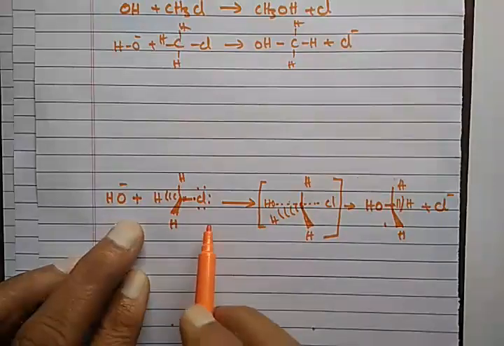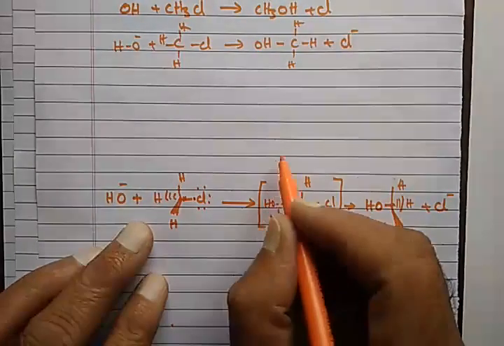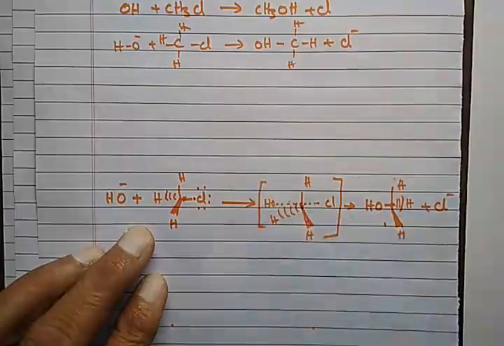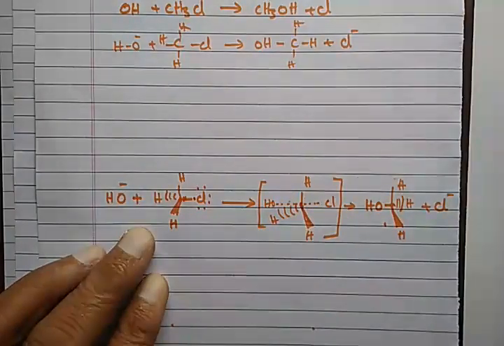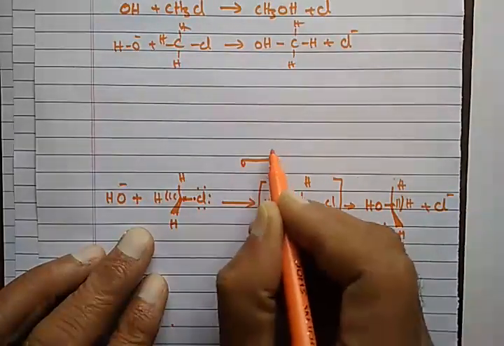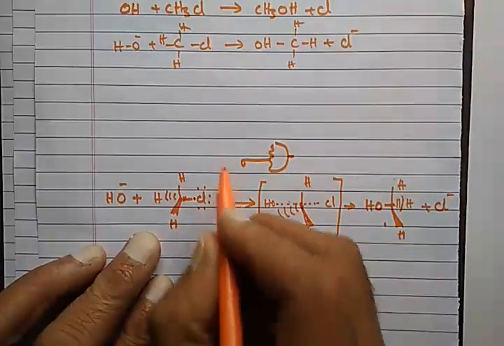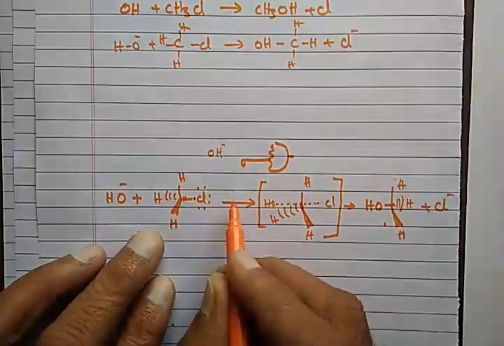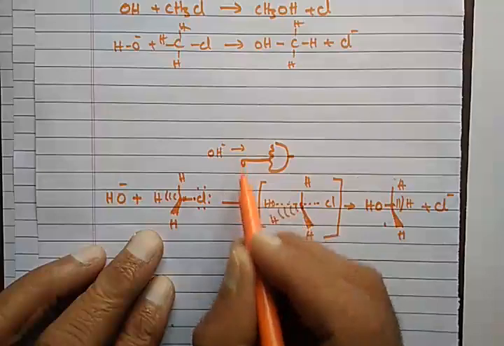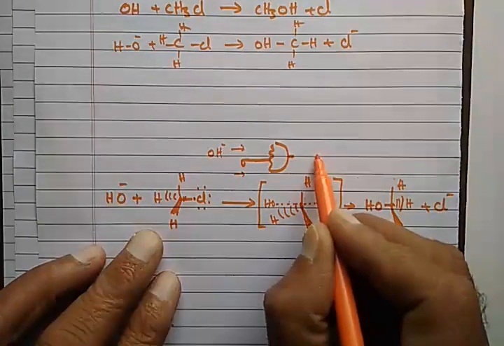So this process is represented with an umbrella. Let us take one umbrella. Assume that OH nucleophile is coming like a wind. If the wind is too much, what happens?